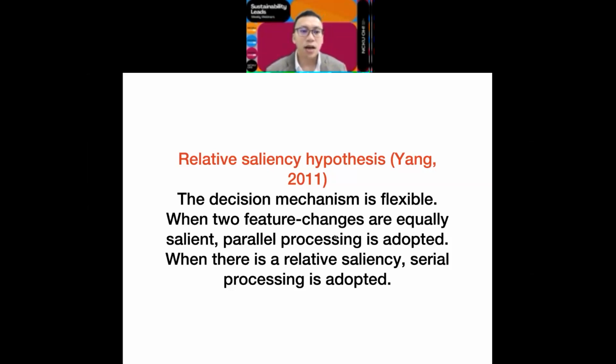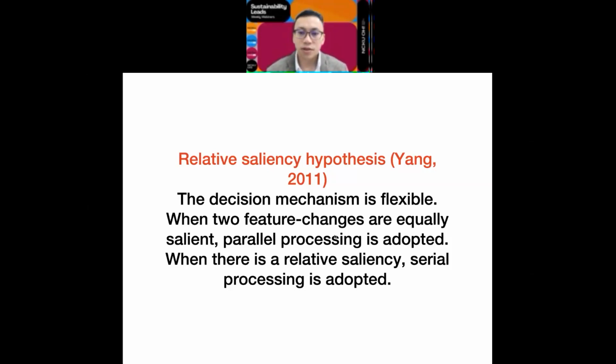On the other hand, when there is a relative salience, which means one feature is more salient or more important than the other feature change, then a serial processing architecture will be adopted. So our results challenge the basic assumption held in the signal detection model.